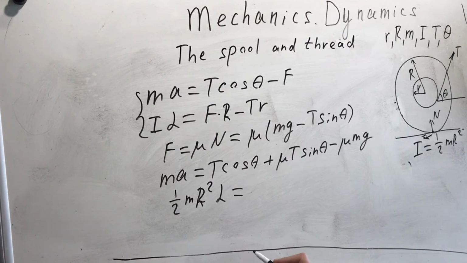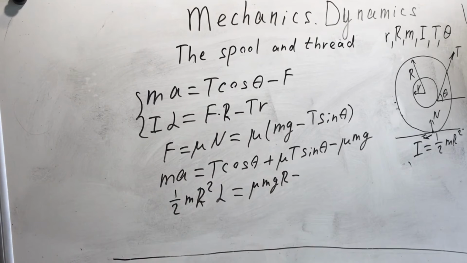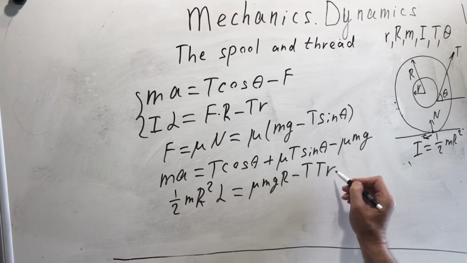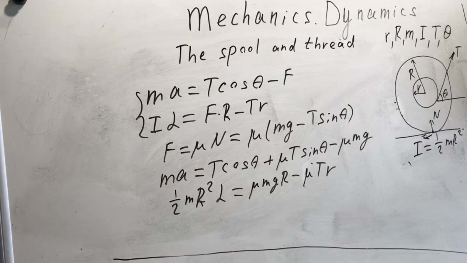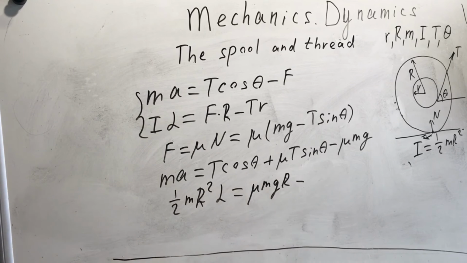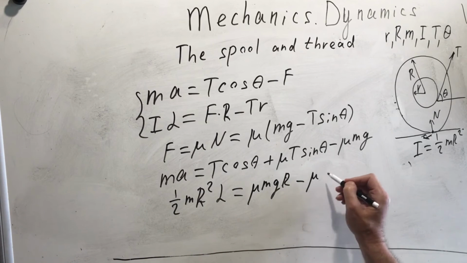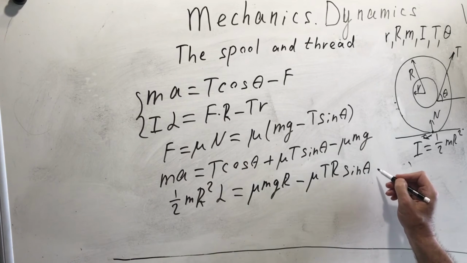and for rotational motion we have 1/2 mR squared alpha equal mu mg R minus mu T R sine theta minus T r.